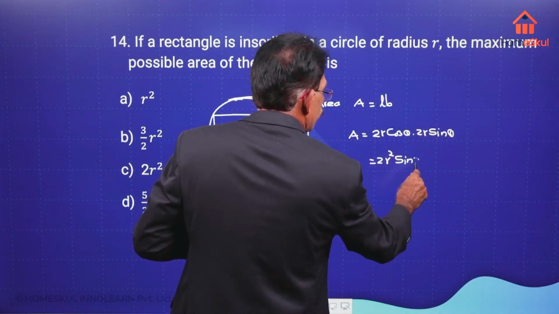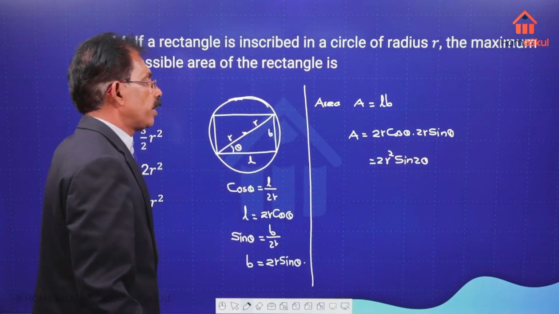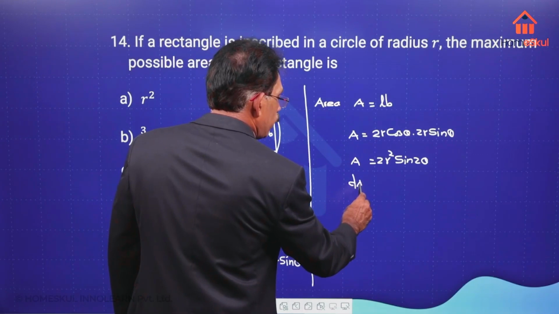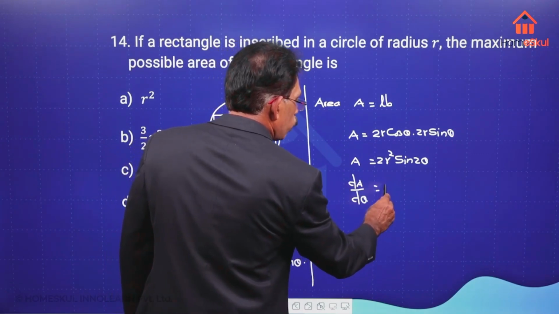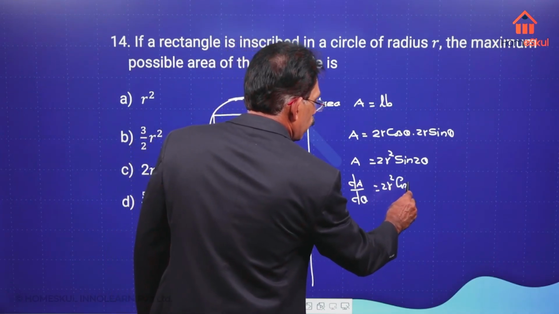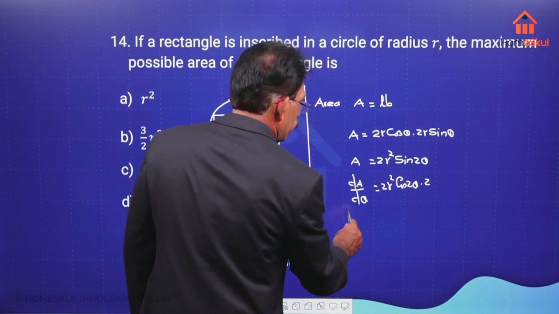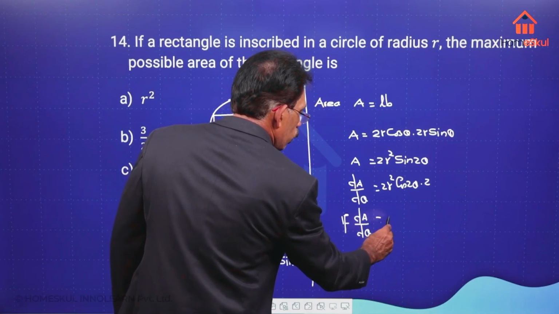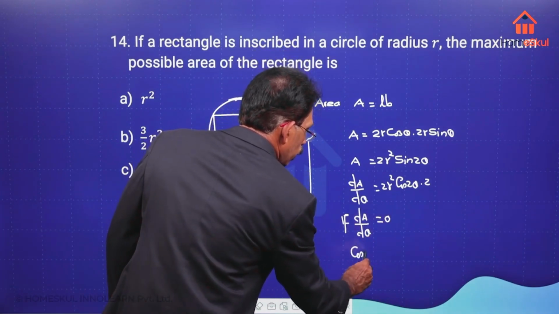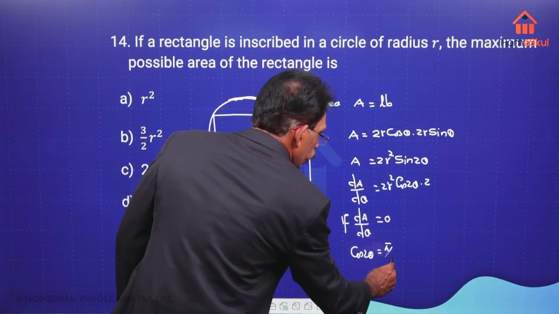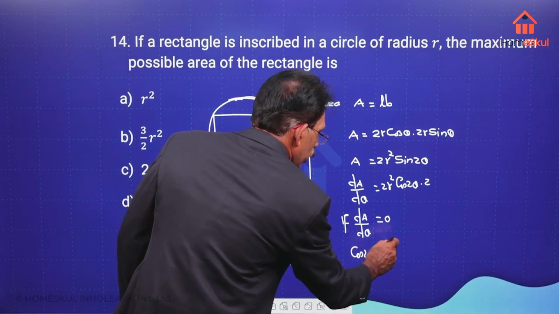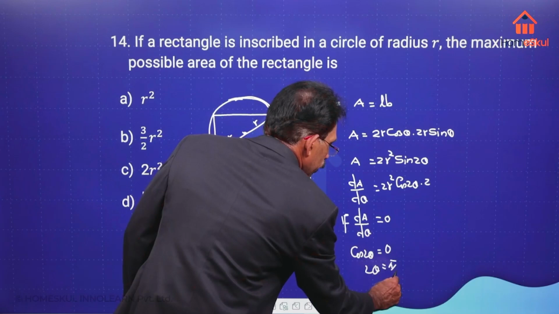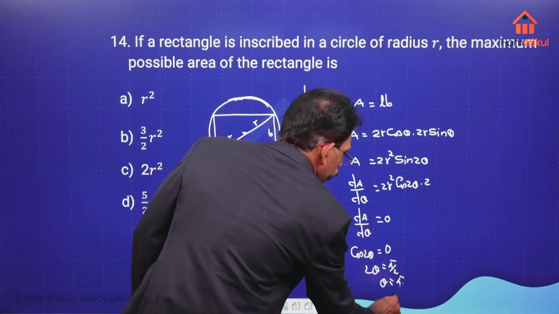Am I correct? 2 sin theta cos theta is sin 2 theta. Now dA by d theta is equal to 2r square cos 2 theta into 2. If dA by d theta is equal to 0, then cos 2 theta is equal to 0, 2 theta is equal to pi by 2, then theta is equal to pi by 4.